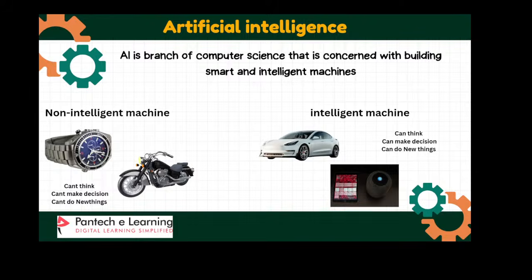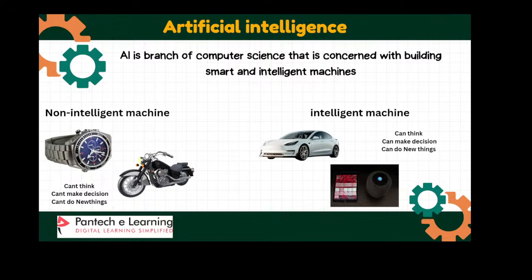Basically, what is artificial intelligence? Artificial intelligence is a branch of computer science concerned with building smart and intelligent machines, the same as human intelligence. What is human intelligence? If I need to do anything, I make a plan, take a decision, and then take action and complete the task.